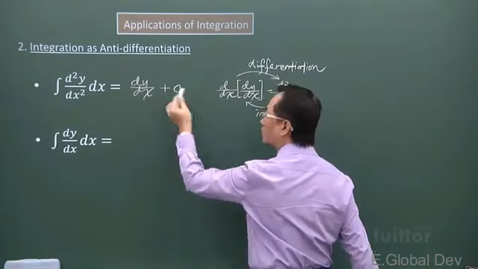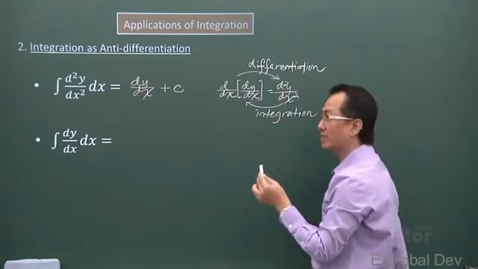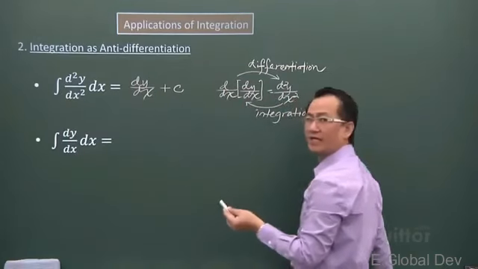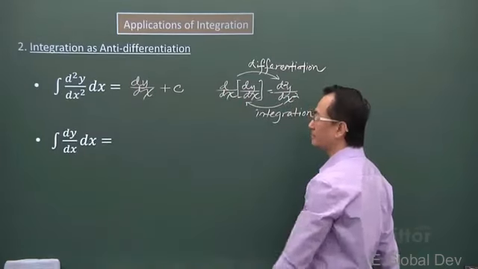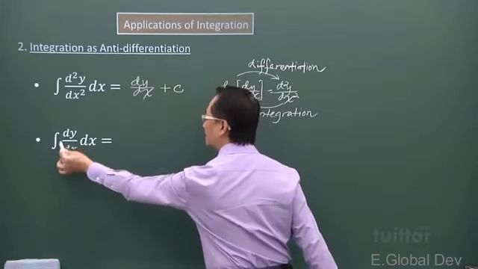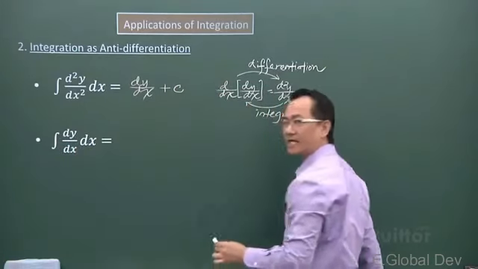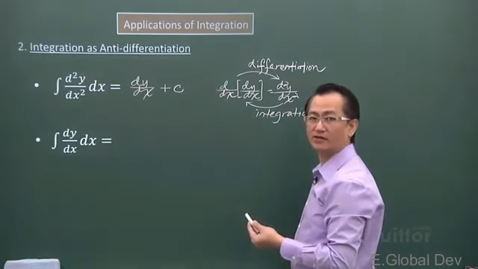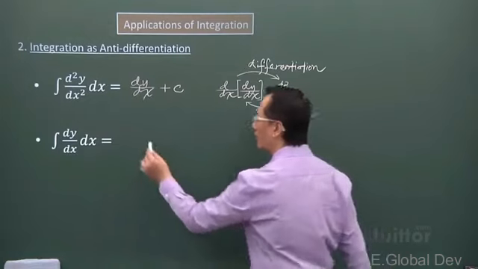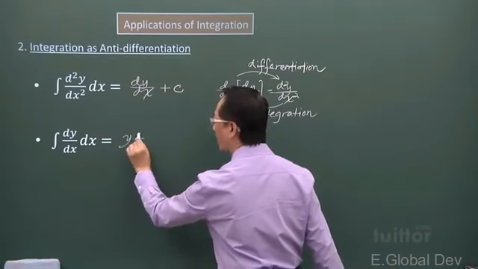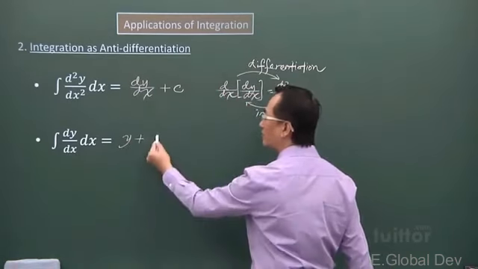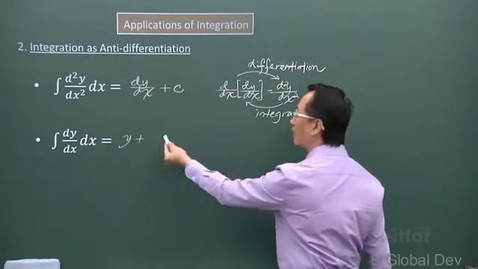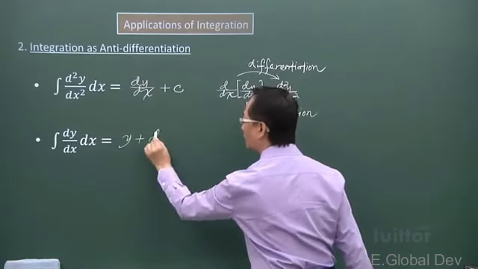But I will also need to include a constant term because this is an indefinite integration. So looking at the first derivative, if I just integrate it, I should get the y function. So I will get y plus a constant. Instead of using the same symbol for the constant term, to avoid confusion, I will just give it a d.